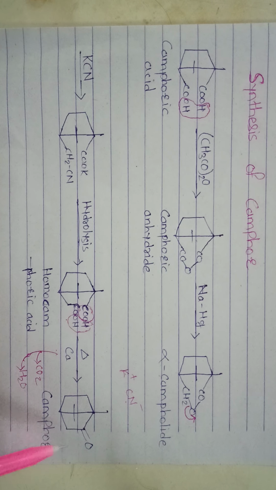This is the molecule of camphor, and this is the total synthesis of camphor. Camphor has a 6-member ring, 1 methyl group and 1 carbonyl group. This is the molecule of camphor.